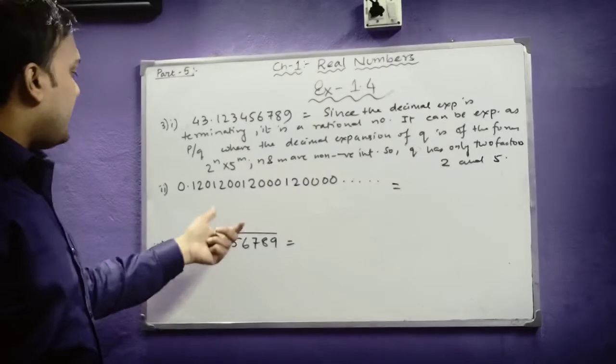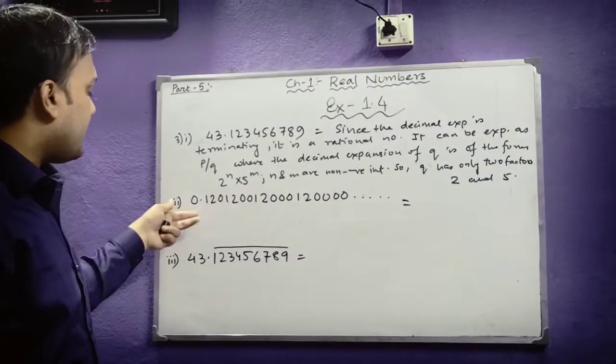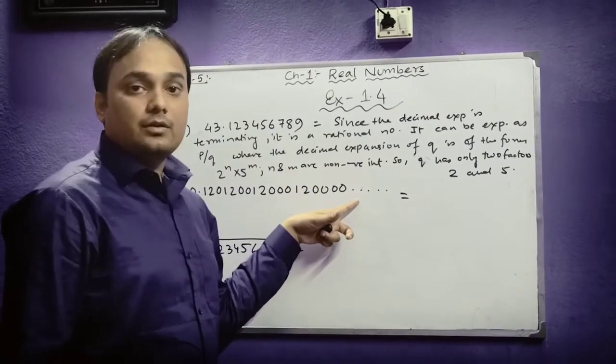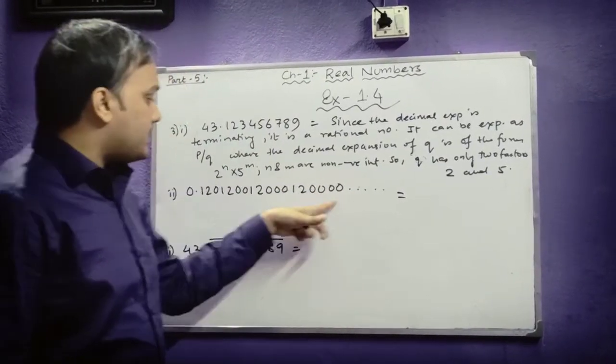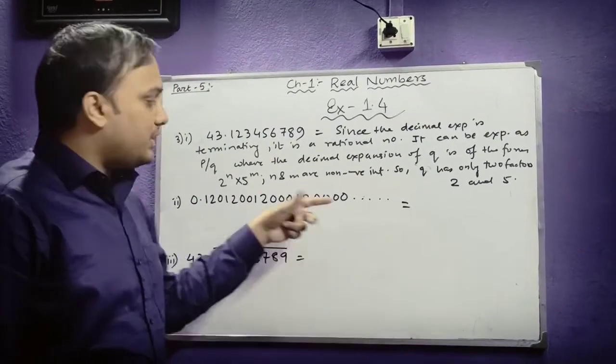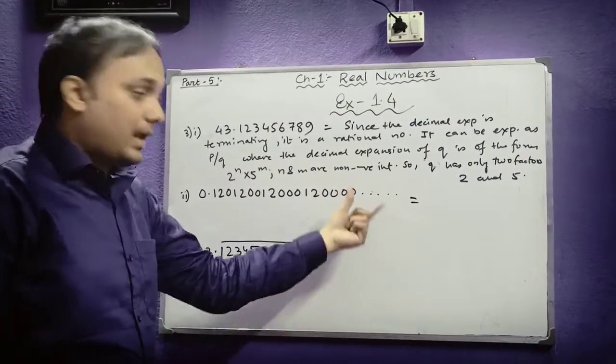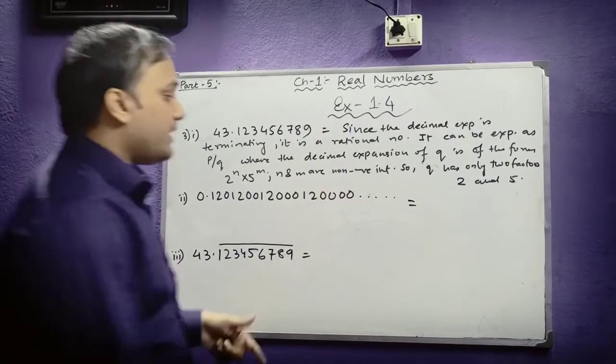Similarly, for the second question, you can see here that the decimal expansion of this number is non-terminating, and you can see it's non-repeating also. So it is neither terminating nor non-terminating repeating. It's actually non-terminating, non-repeating.